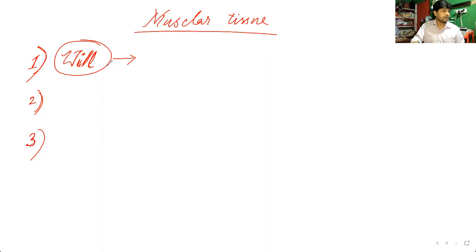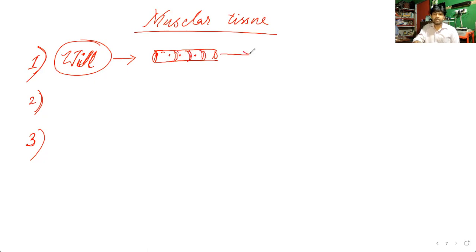And this type of muscular tissue is cylindrical in shape, like a cylinder. They are multinucleated, so many nuclei may be in one cell. And they have some dark and bright stripes in them.